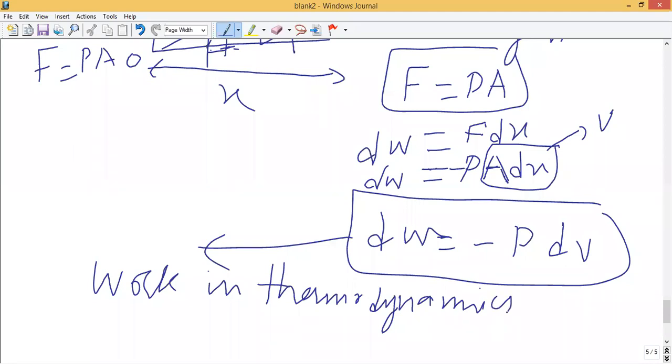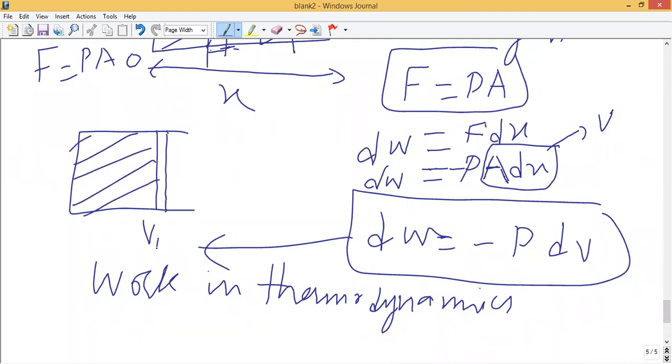If your gas, for example, has an initial volume V1, and as you move the piston to the second position, this is V2, now the volume becomes this.